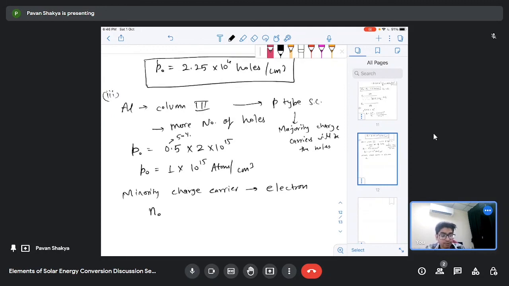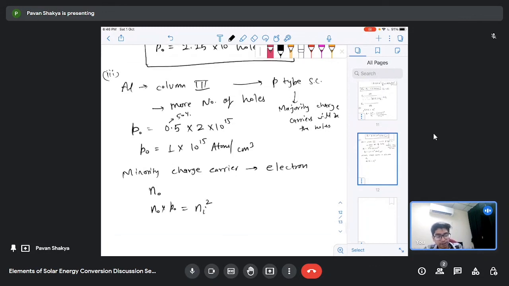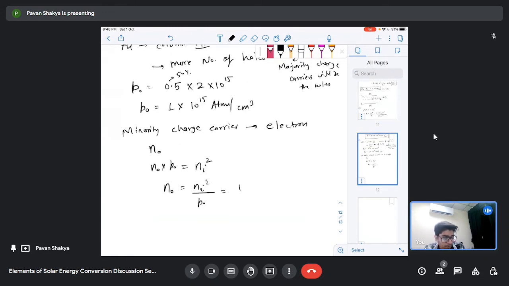As I have solved in the second part, the multiplication of this N0 and P0 remains constant, and it will be equal to the intrinsic concentration ni square. So from here we can calculate N0, and this will be equal to 1.5 into 10 to the power 10 whole square divided by 1 into 10 to the power 15.